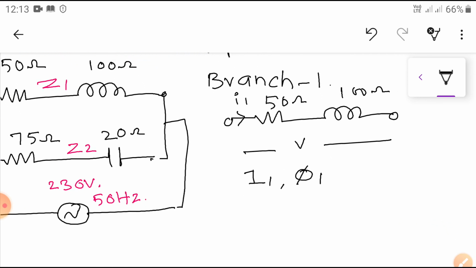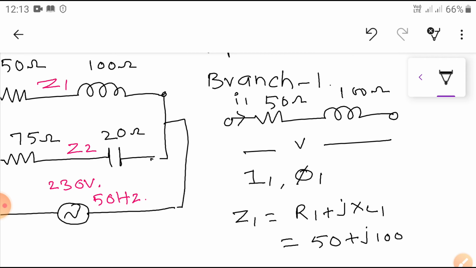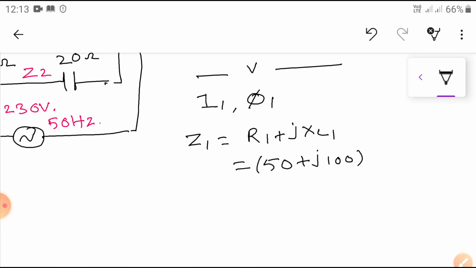Then what is the Z1 here? Z1 is equal to R1 plus j of XL1. R1 is given, 50 ohms plus j of 100 ohms. So from this we are going to calculate its angle. With the calculator I am going to get it directly.